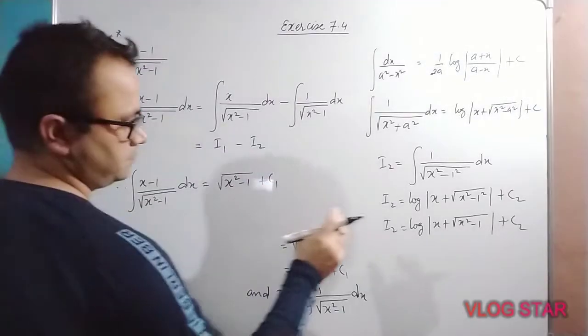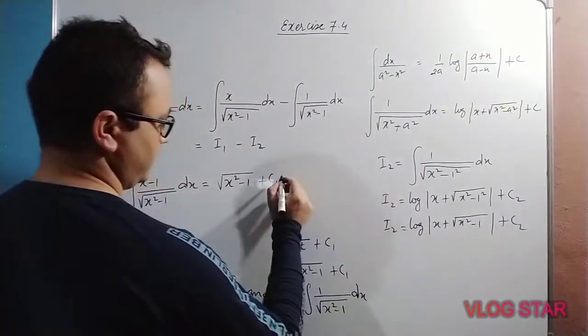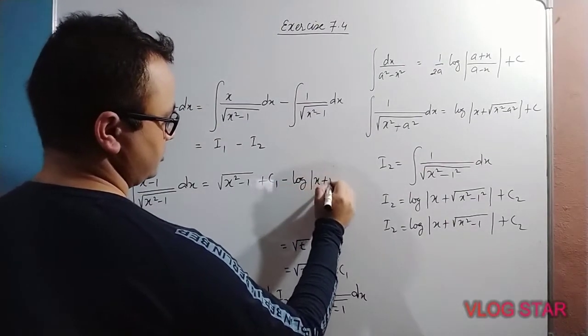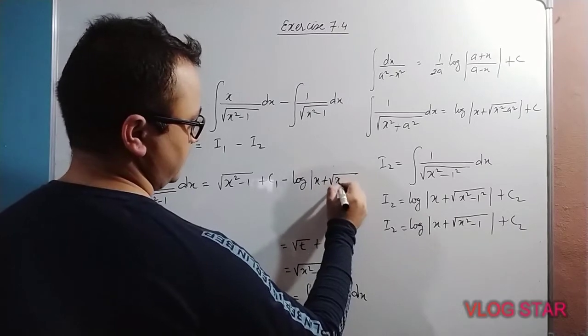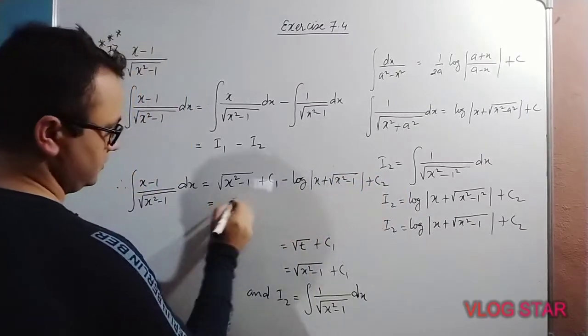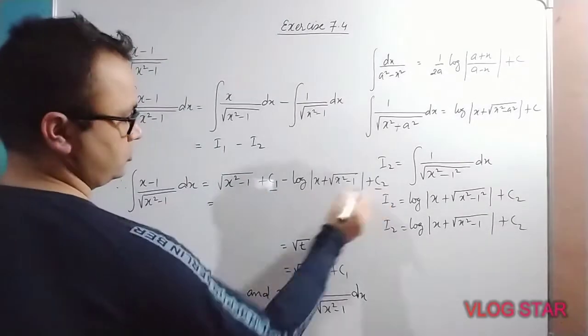Next is I2, which is this minus log x plus root under x square minus 1 plus c2. We know that c1 plus c2 equals c.